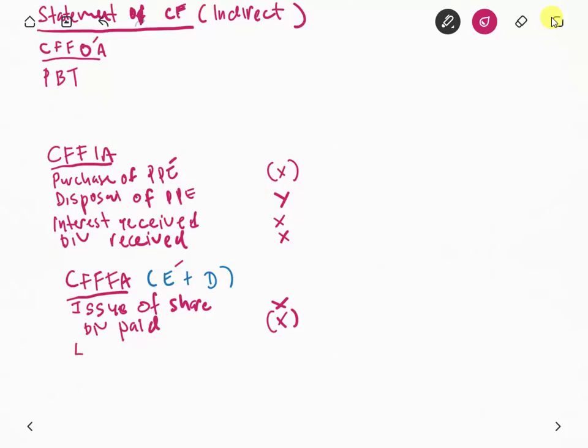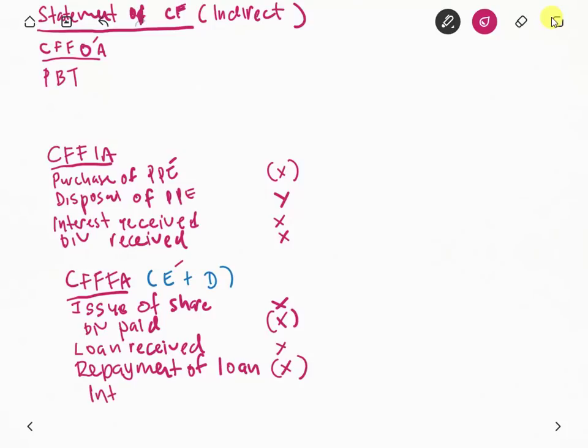So I just put in here loan receipt, repayment of loan, or redemption of debenture. I redeem back the debenture. Repayment of loan. Which one is in? Which one is out? So now, issue of share we have dividend. Loan we have paid. Outflow. Logical, right? Done. This is for IF.